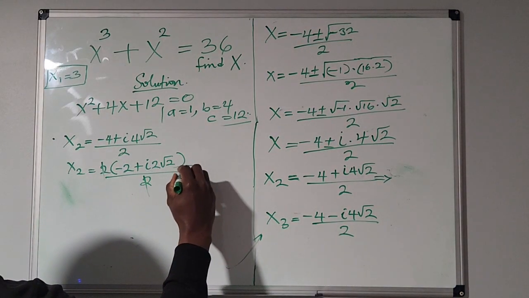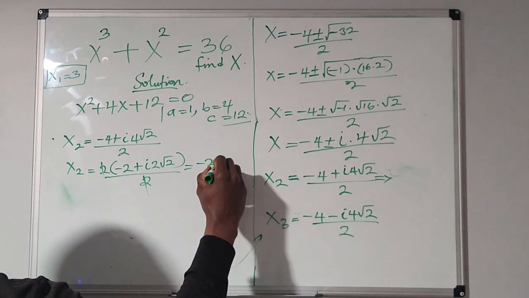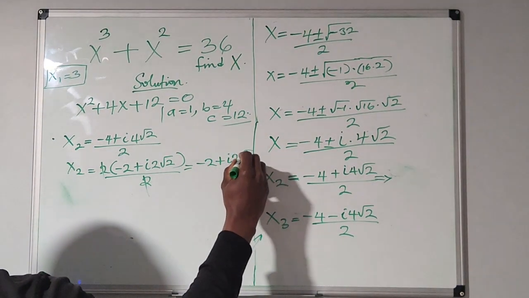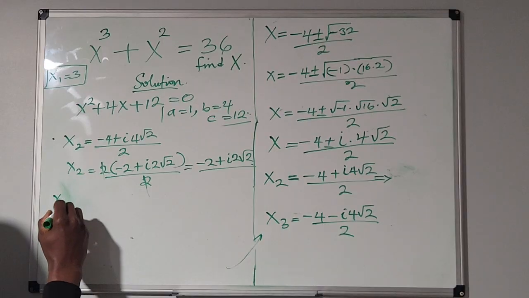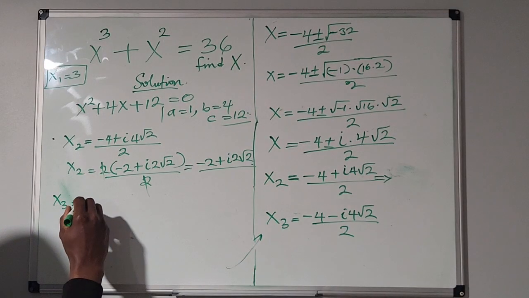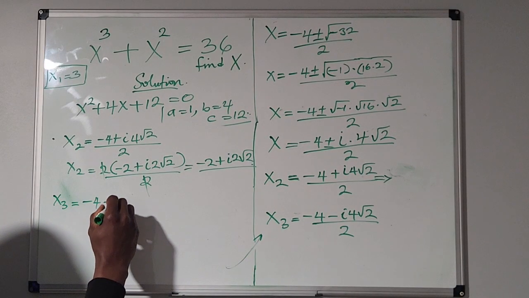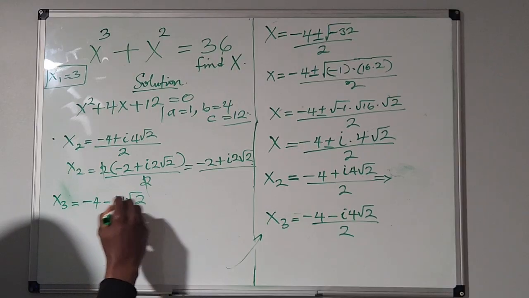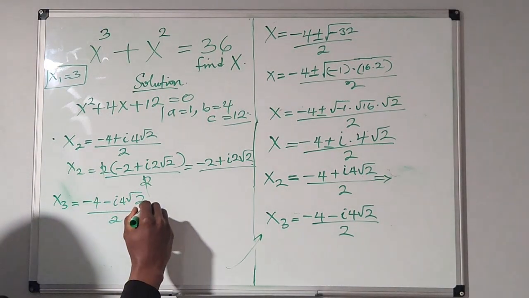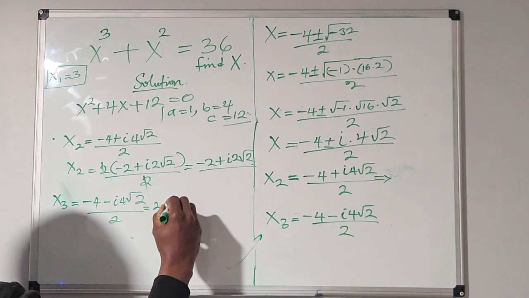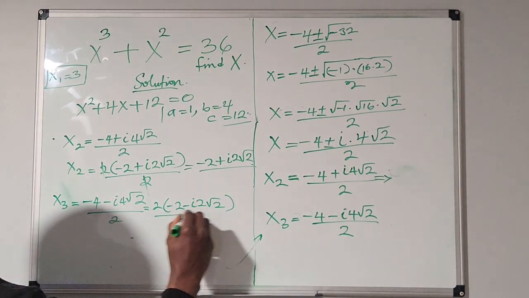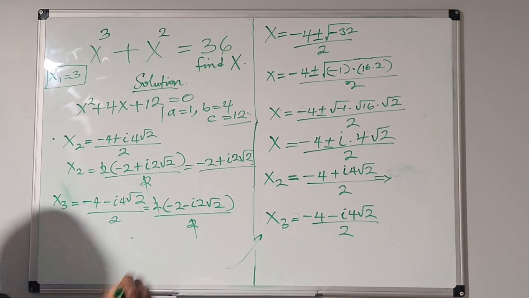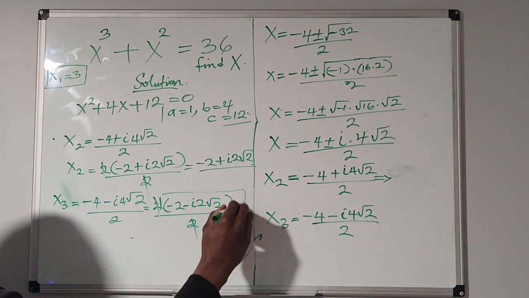And so what we have is minus 2 plus i2 root 2. And for x3, we factor out the same thing. Factor out 2 as well. We have minus 2 minus i2 root 2 divided by 2. And then this is what we have.